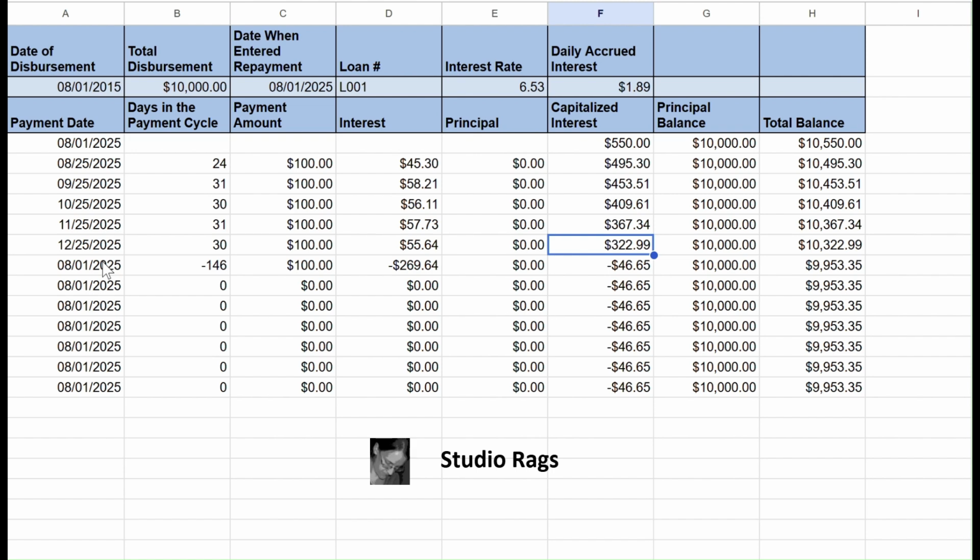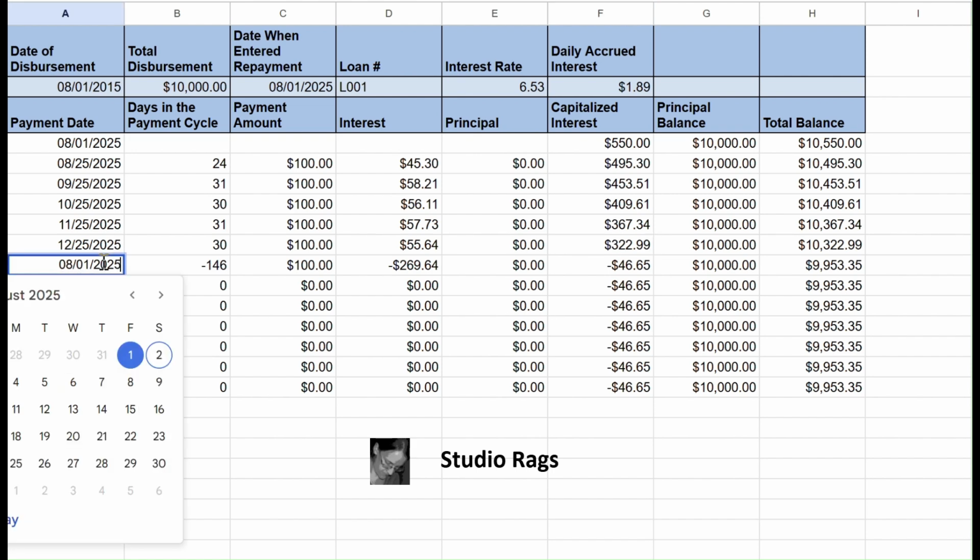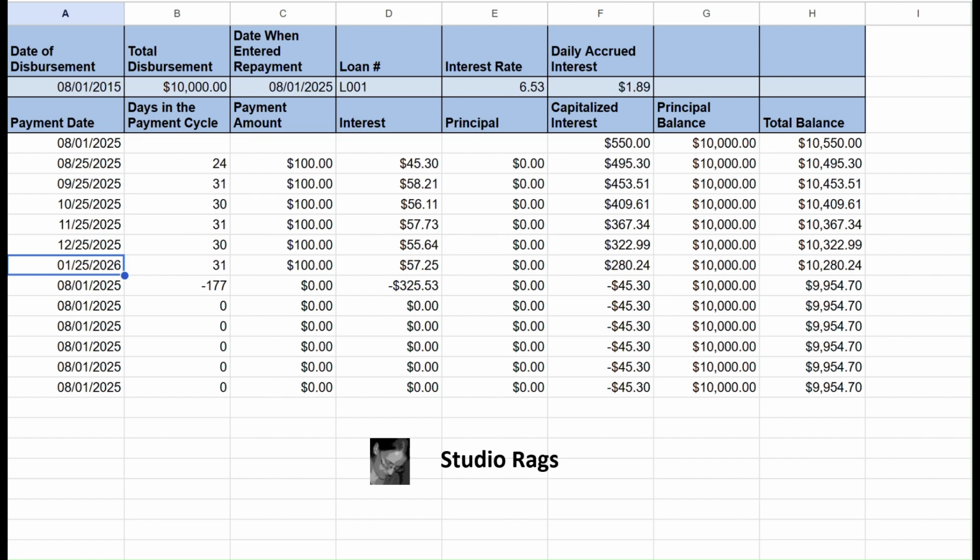Okay. So let's say we're going to make this payment in January of 2026, same day. And you want to make a payment for January that is equal to this amount plus the current month of interest.